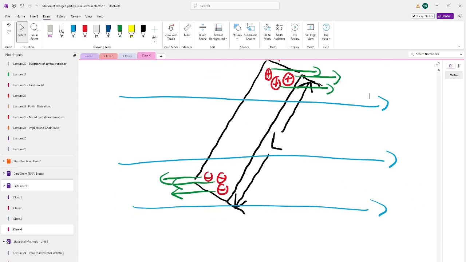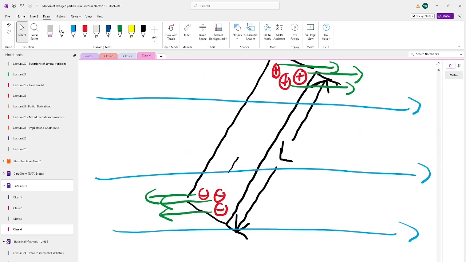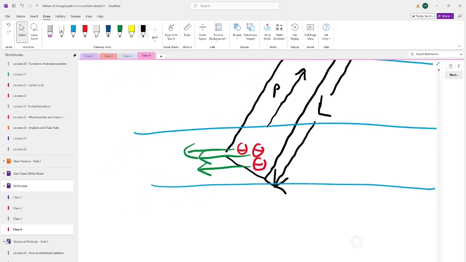It tends to rotate towards the dipole, and we define the dipole as moving like that, with P.